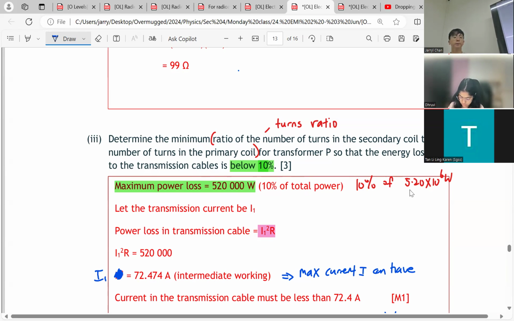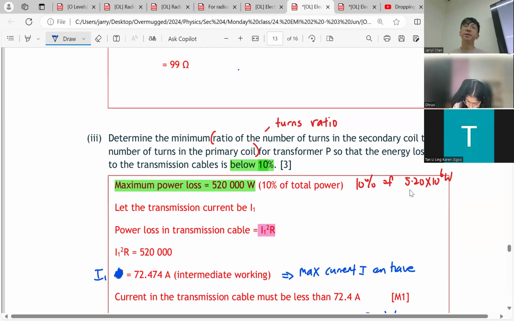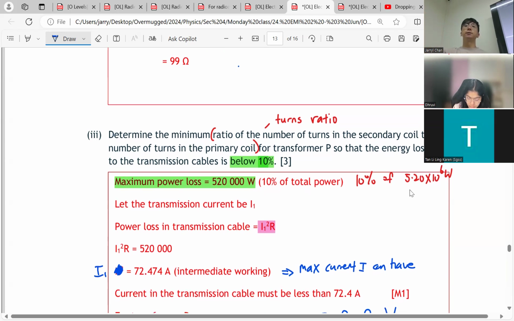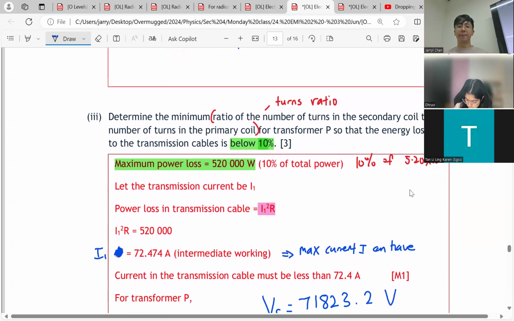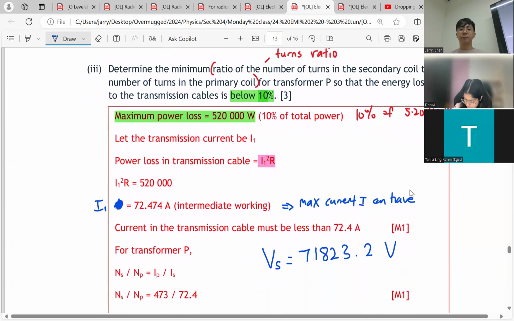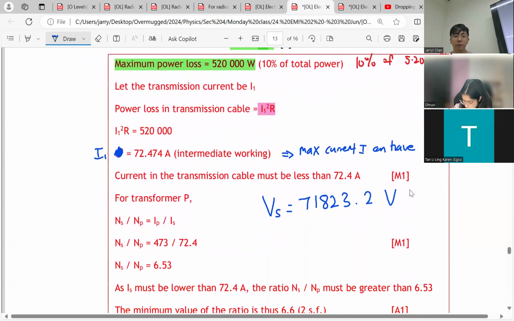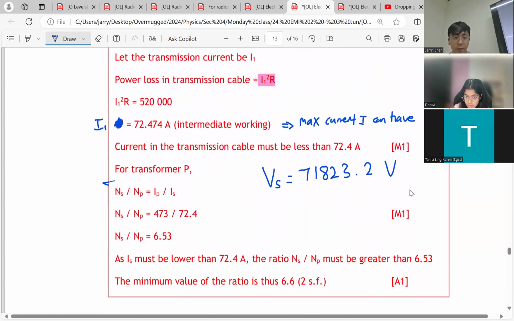First part, got it. The current must not exceed 72.4. Therefore, my voltage must be above a certain amount, from P equals VI. If we break this down together, ignore the blue boxes.